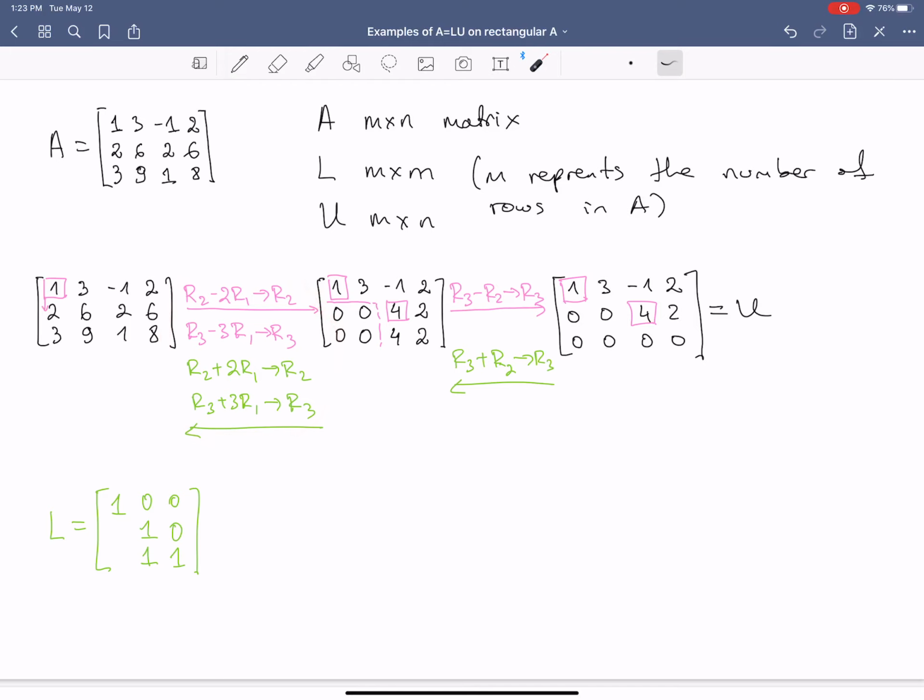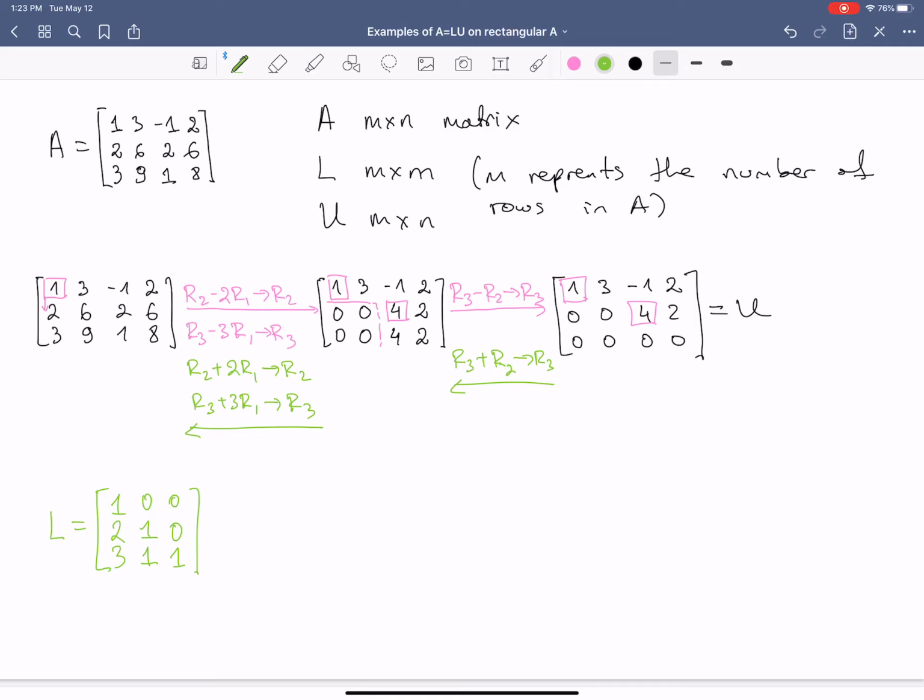Their purpose was to eliminate under the first pivot, which in L corresponds to this space. And in there, I'm going to write the coefficients 2 and 3. And that's my L. So we get L for granted right away. We know exactly what it is. And we can solve the system. So we have U, we have L, and A equals L times U.